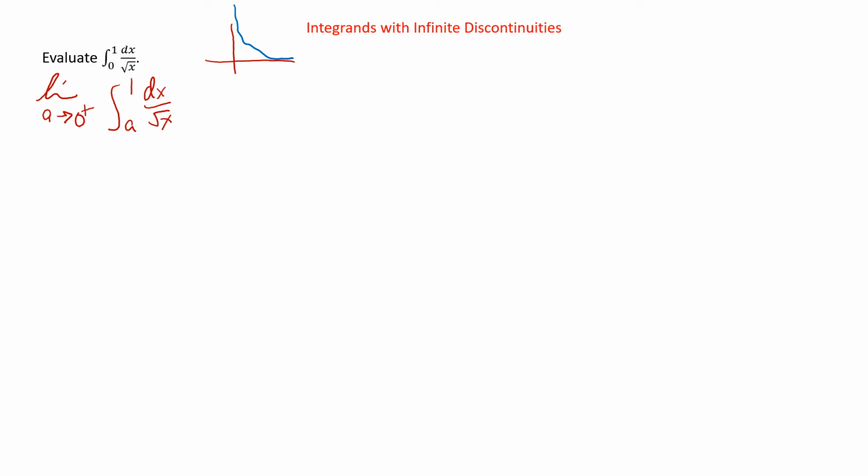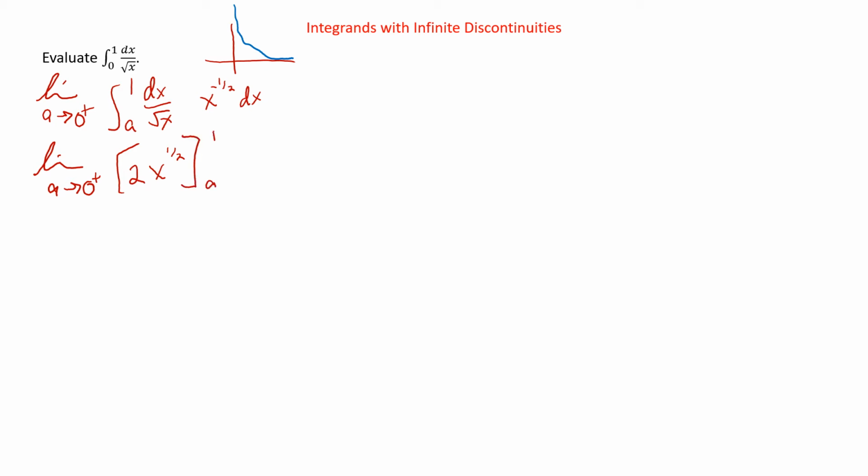It's the same thing. We're just not going to infinity. So as we are doing this, we have to find our antiderivative here. A is going to 0 from the positive side. The antiderivative, this is x to the negative 1/2 dx. So we're going to add 1, so it'll be x to the 1/2. Divide by the new exponent. So divide by 1/2, same as times 2.